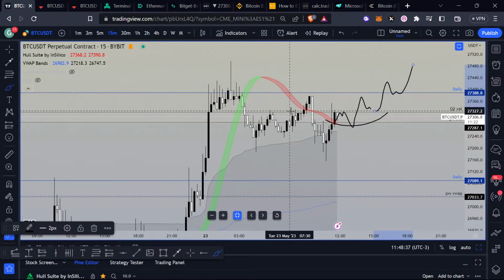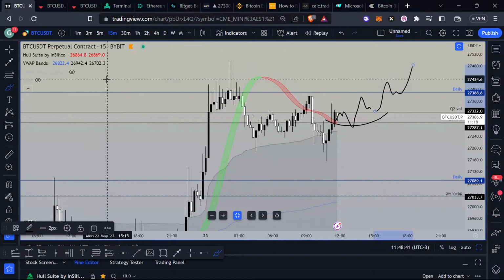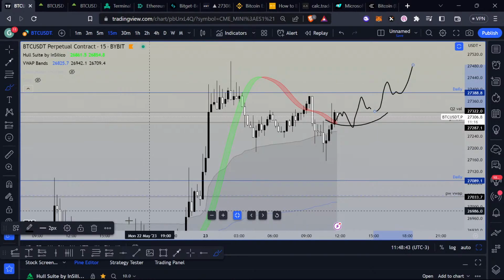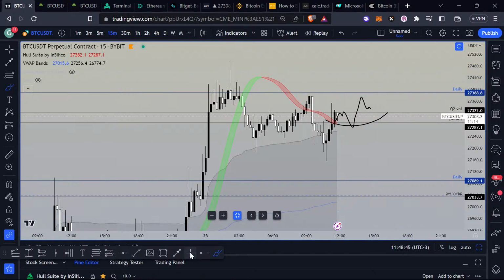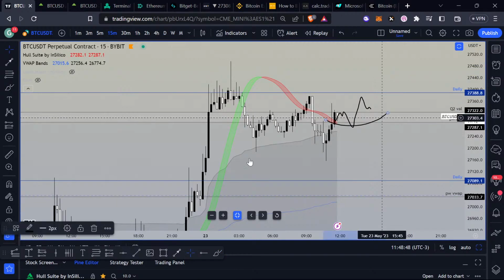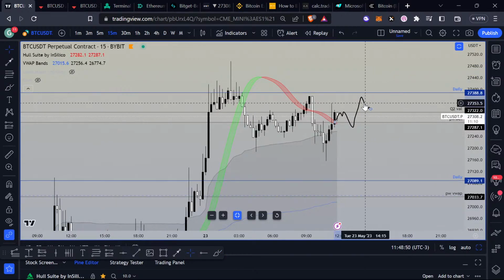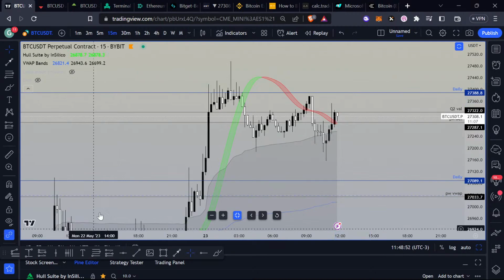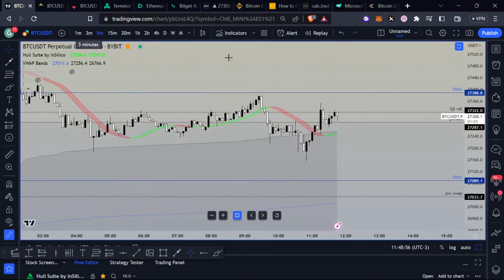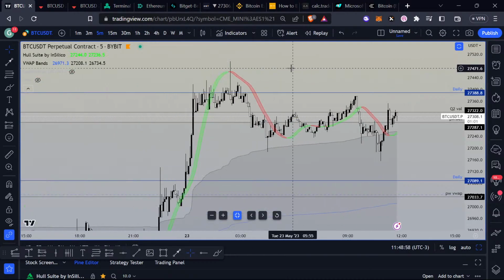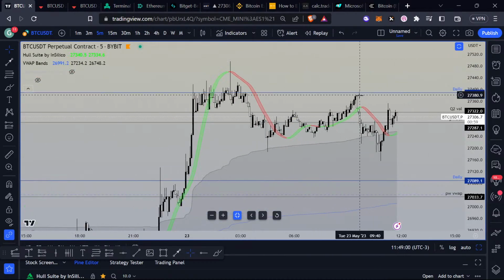This is the anatomy of how you can analyze price action during times like this. 15 minutes in any case is not what I like to use for intraday rotations. I like to use 5, 3, and 1. I'll tell you why in a second when I turn on Bookmap.